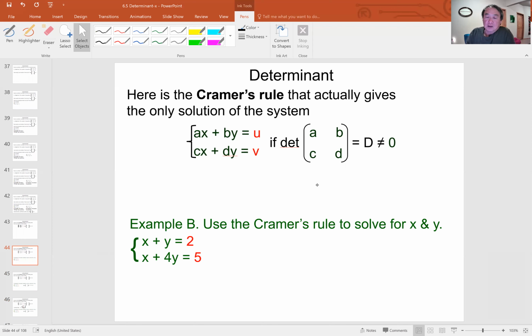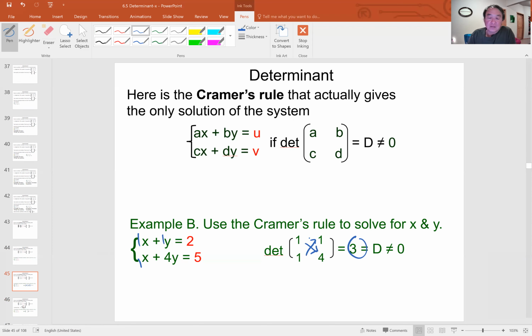So here's Cramer's rule. It says, in this case, first of all, the determinant of the coefficient matrix 1, 1, 1, 4 is 3. Okay, 4 minus 1 is 3. And so how do we get the formula for X?